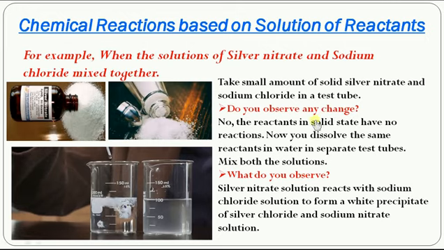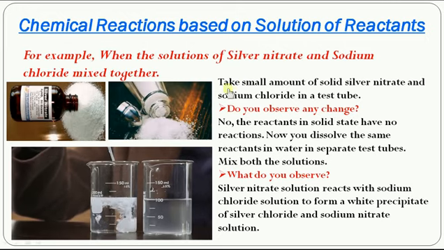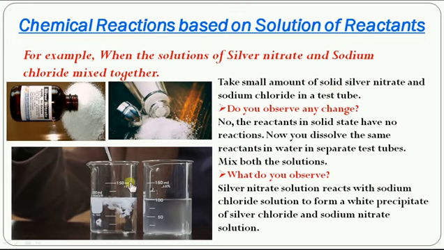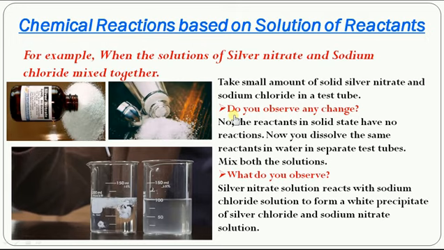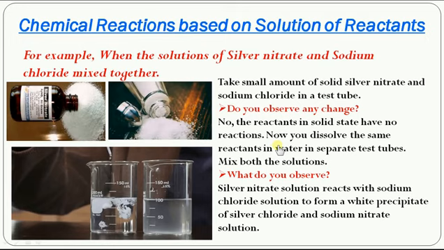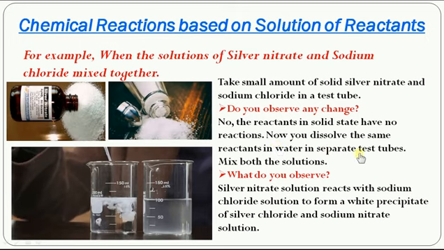Now let us go to the practical part. Take a small amount of solid silver nitrate and sodium chloride in test tubes. If you take solid sodium chloride and silver nitrate, no reaction will happen. What do you see? Nothing. The reactants in solid states have no reactions. Now, if you dissolve the same substances in water in separate test tubes, we call them aqueous solutions.